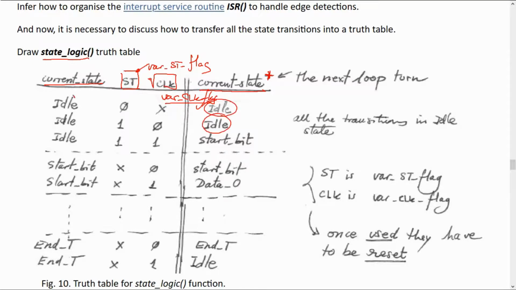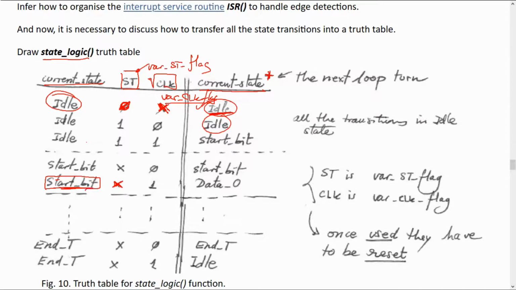For example, if you are idle and this signal is not detected, it doesn't matter if the clock is detected or not, because what you like is to keep the same state because the sequence has not yet triggered. And later on, if you are in the start bit state, this is your current state, it doesn't matter if you click again the start button because the sequence is already initialized.